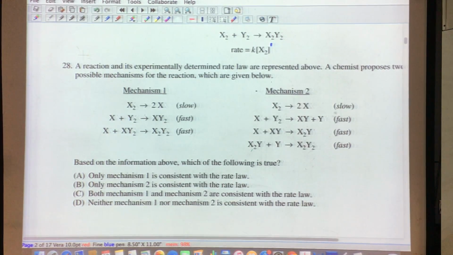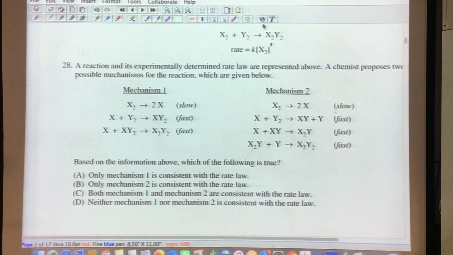Now, the first thing I do with mechanisms, and sometimes they do this in part 2, is they want you to stoichiometrically prove that it's a possibility. Even though they're not doing it in this case, it's a good idea to do this because if they're trying to pick between mechanisms, there might be a mechanism that doesn't balance to the overall.